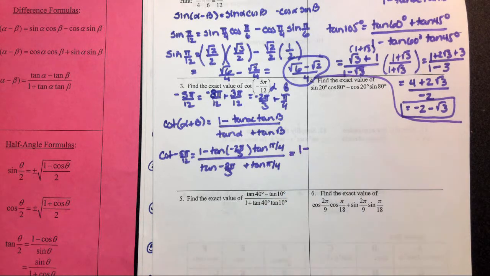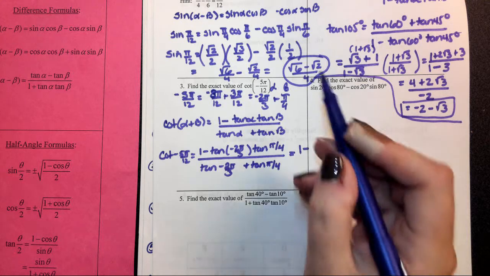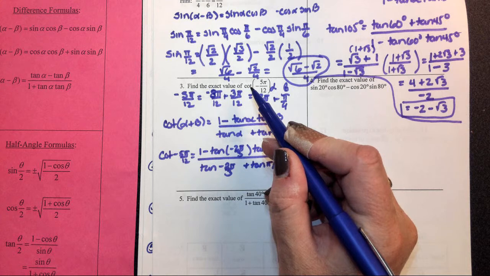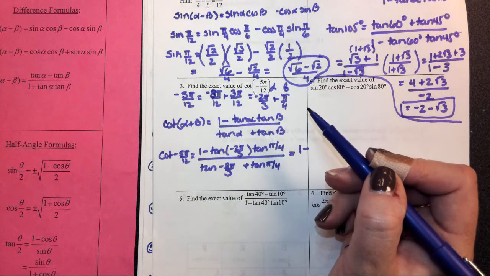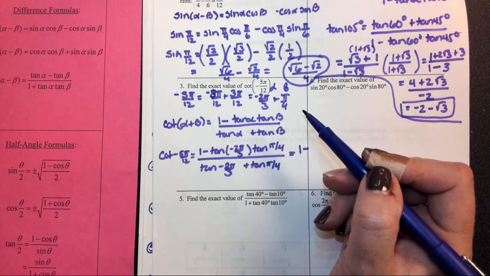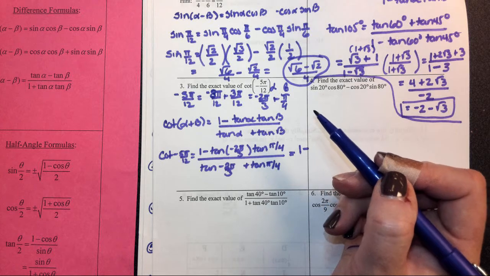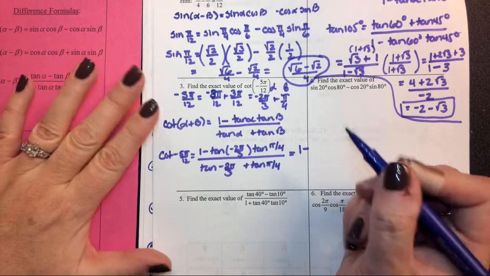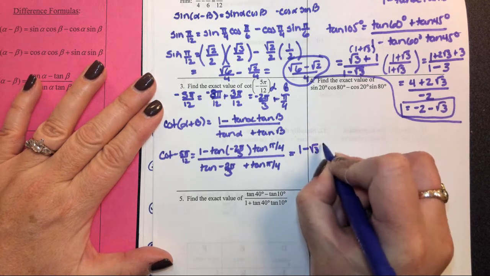So now let me get back to the unit circle. I got to remember tangent of negative 2 pi over 3. Negative 2 pi over 3 is in what quadrant? 3, right? Because we're going the negative direction, so we're going to have to go clockwise. So in quadrant 3, is tangent positive or negative? Positive. So then the tangent of negative 2 pi over 3 is going to be positive what? Square root 3.